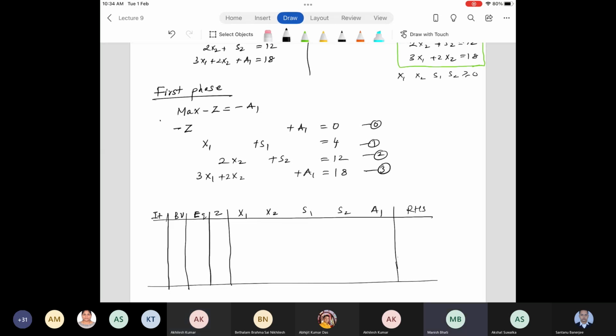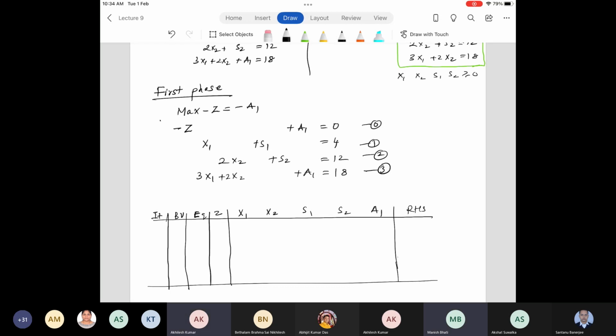We have added a slack variable to make it an equality, and the last one was already an equality. We need a basic variable to initialize. And as I said, had I given you x1, x2 equal to this much already, all this tangent was not required. You could have started from there. But right now, I do not really know where the first feasible solution happens for the original problem. Is that clear, Manish? Yes, sir.